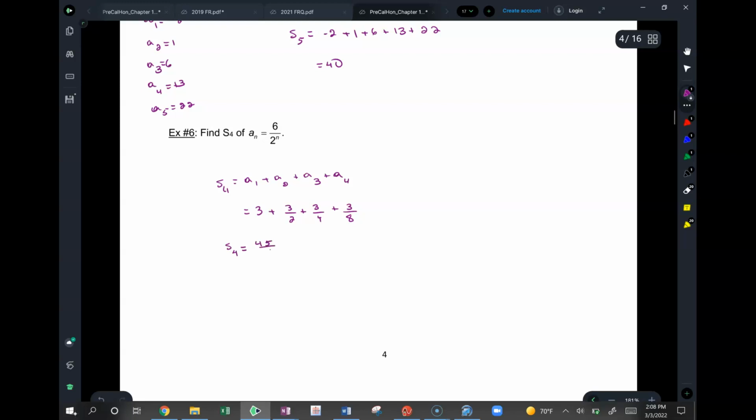The sum is 45 over 8, which is 5.625. It's equally acceptable to leave it as a fraction or a decimal. This first lesson is all about getting to know the lay of the land.